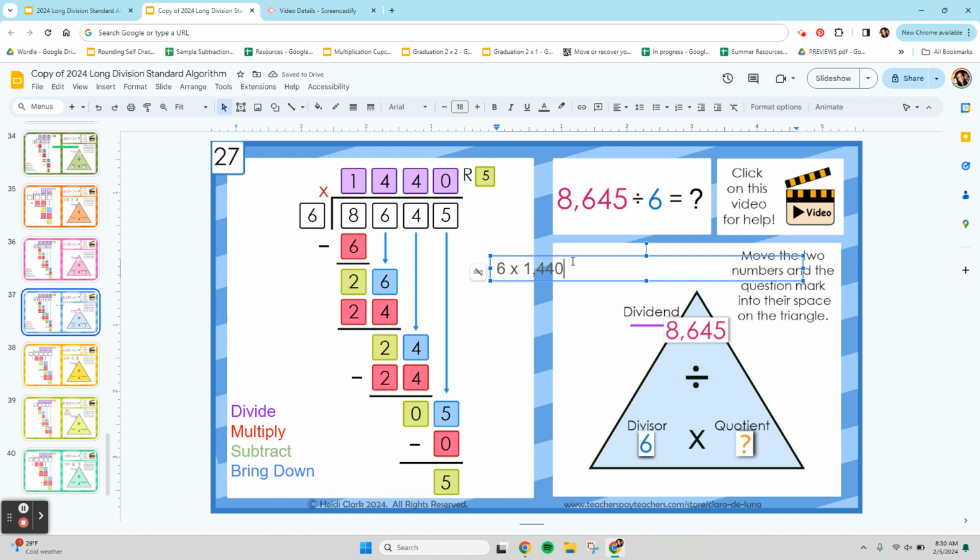Not quite, because of that remainder. 6 times 1,440 will get you 5 away from the remainder, 8,640. Then put that remainder back in, and that will get you our dividend that we started with.